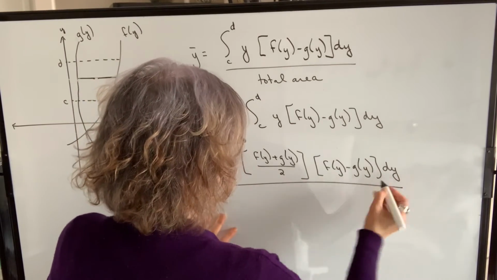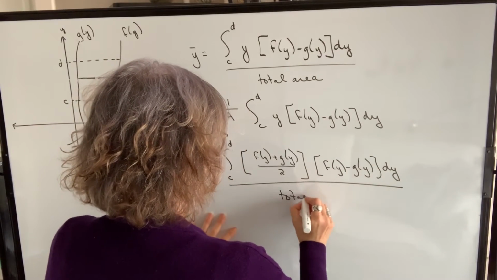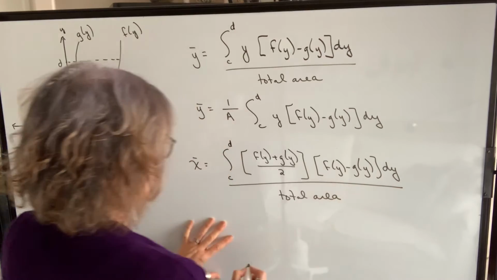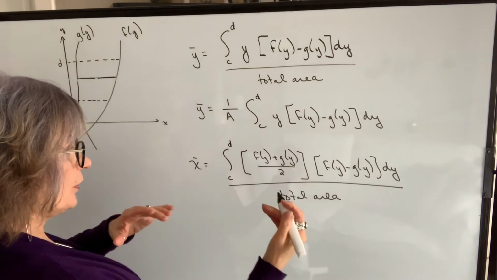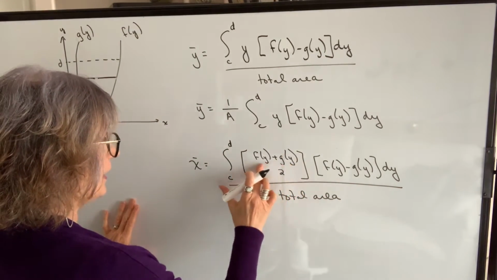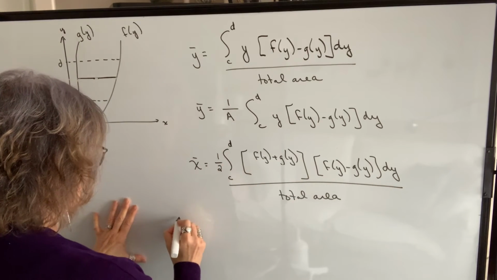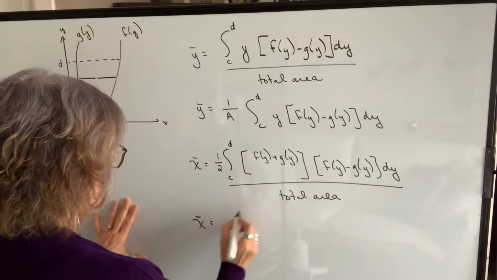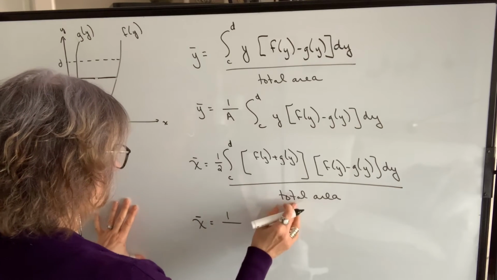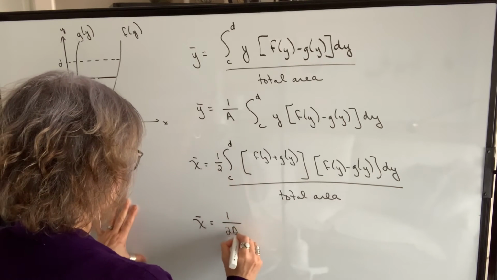And this is again divided by the total area. So just like I did with vertical rectangles, we're going to take the 1/2 out and move it in front of the integral sign and simplify this. And we're going to bring the area out of the denominator and just combine it with the 1/2.